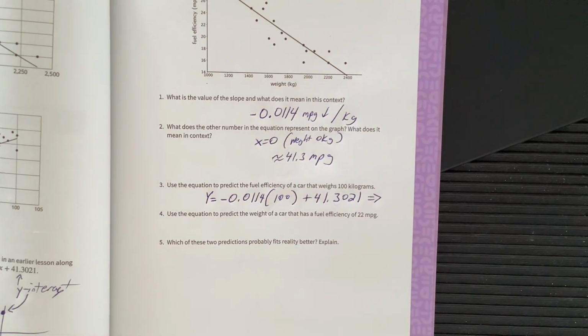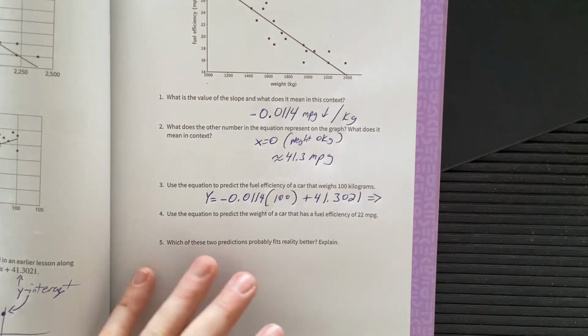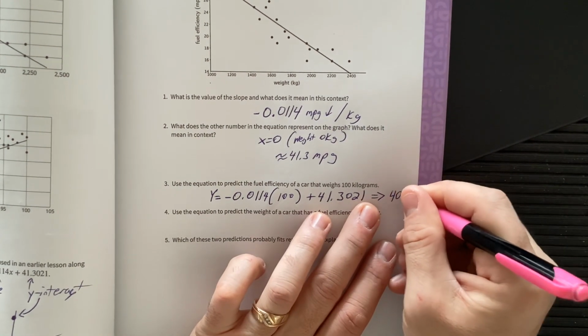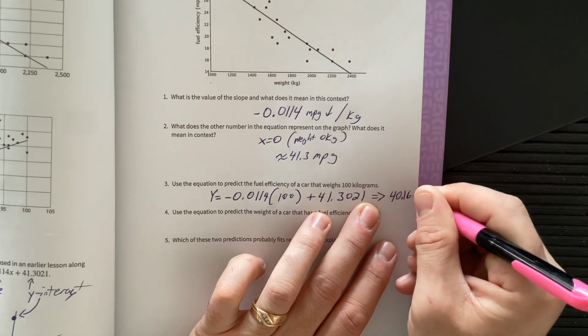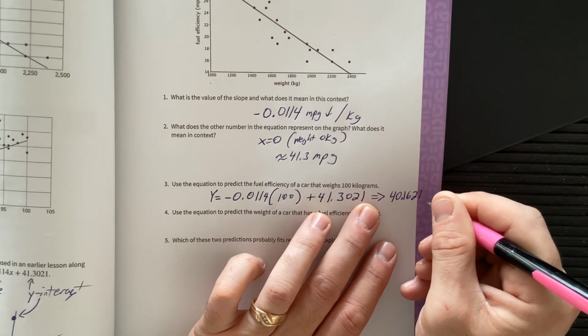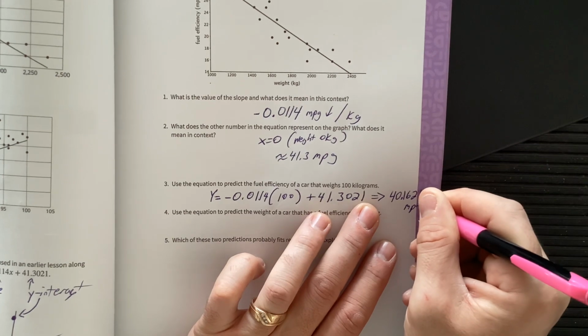And tell me what you get, please. Yes? 162? That would be miles per gallon.